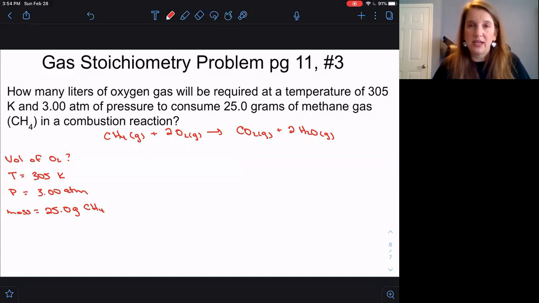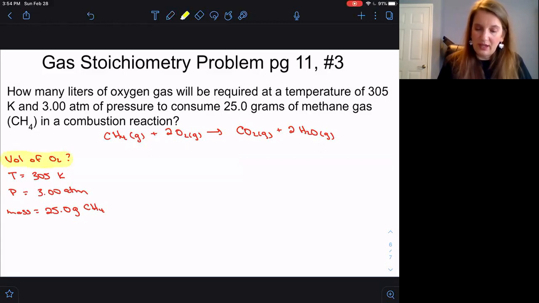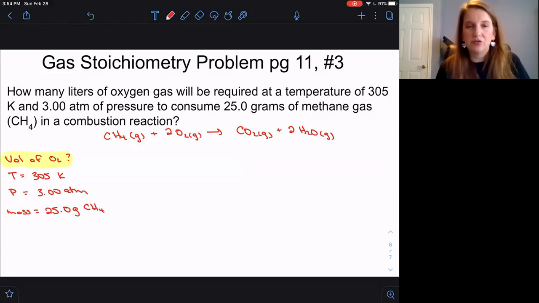Now, where are we going to want to take our stoichiometry to? Well, we're looking for the volume of oxygen gas. So we want to take our stoichiometry to moles of oxygen gas. Now, why are we going to go to moles? Because we're going to have to use the ideal gas law next. And moles goes into the ideal gas law, not grams.